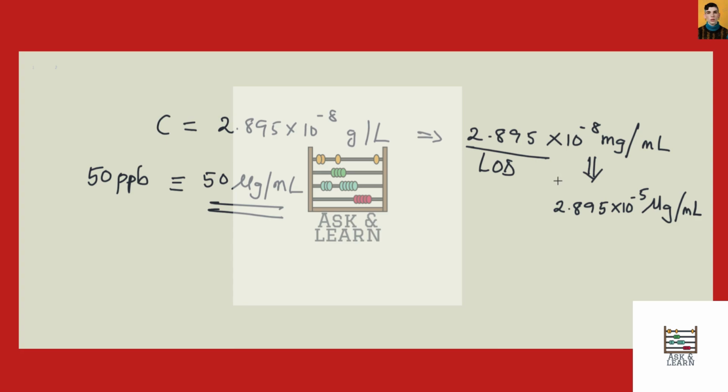So the spectrometer can measure as small as 2.895 times 10 raised to the power minus 5 microgram per liter.